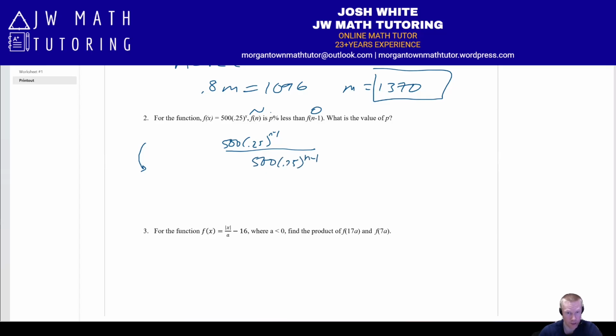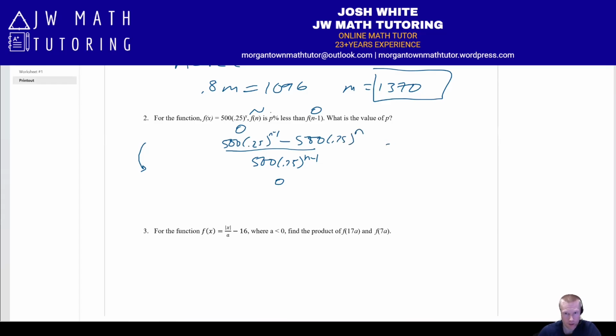I'm basically doing the % difference, % less than, % more than formula, where the original goes here and on the bottom, and then I'm subtracting the new. The new one is the f of n one, so meaning 500 times 0.25 to the n.